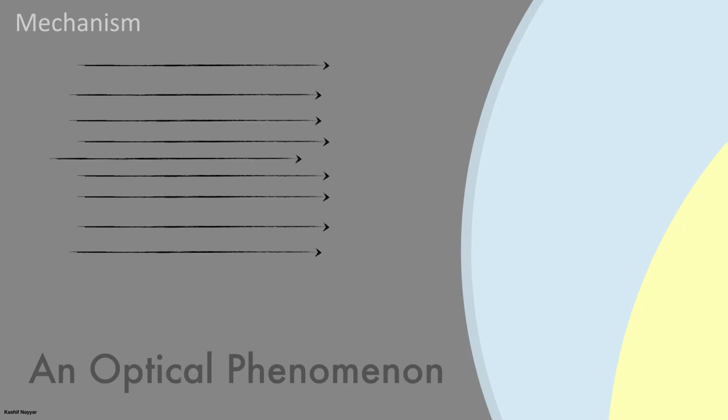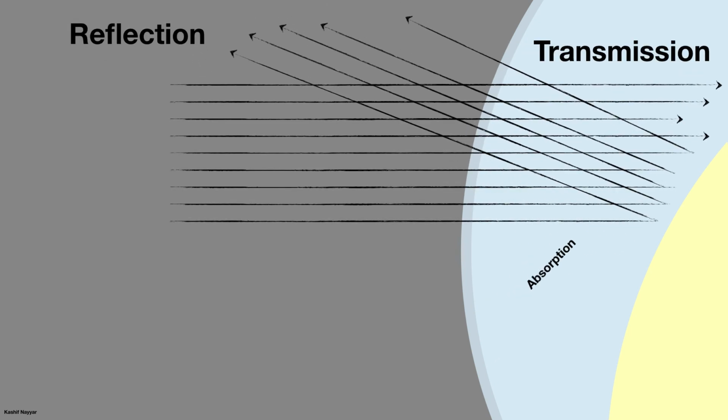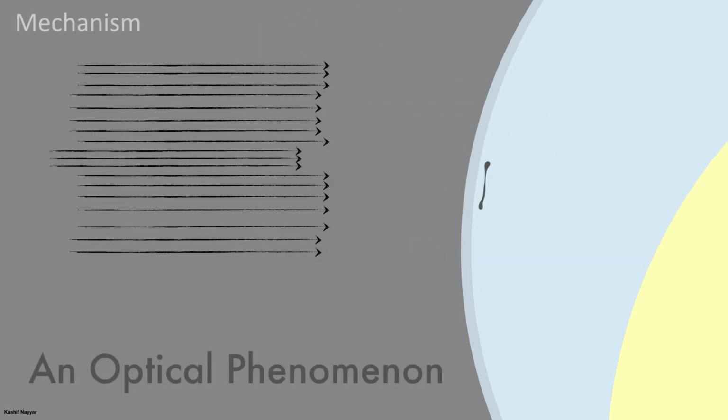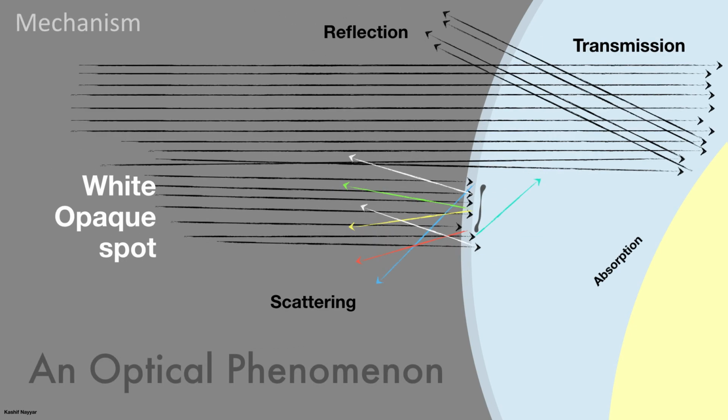Since we know the optical phenomena of the enamel, that it is reflecting some of the light, transmitting, and absorbing. In cases of some subsurface lesions, whenever the light passes through, some of the light is absorbed, some is reflected, some is transmitted, but some of the light is scattered.